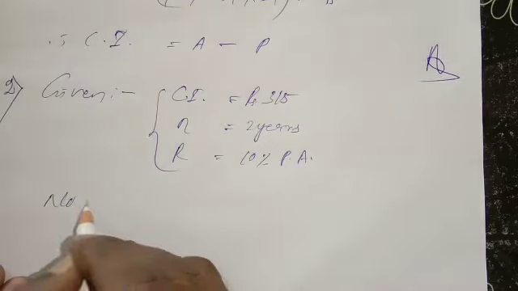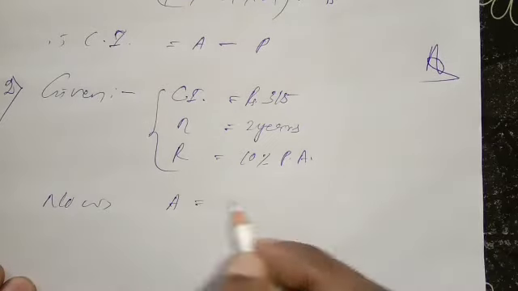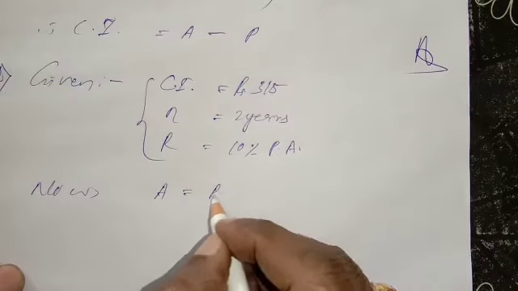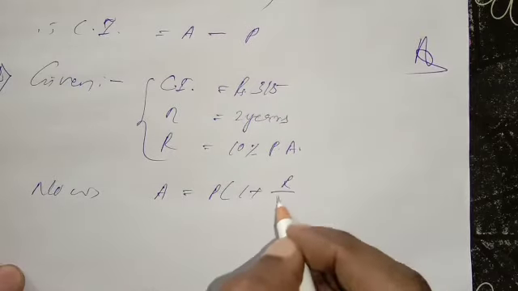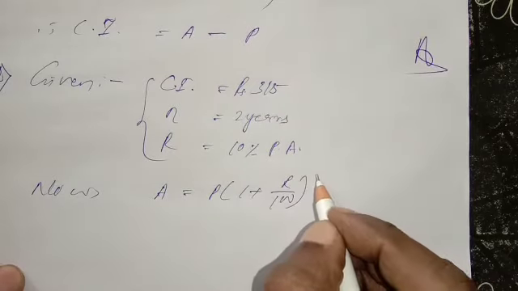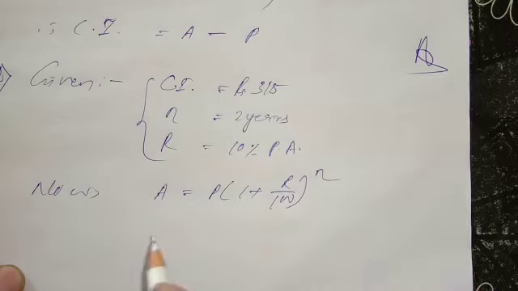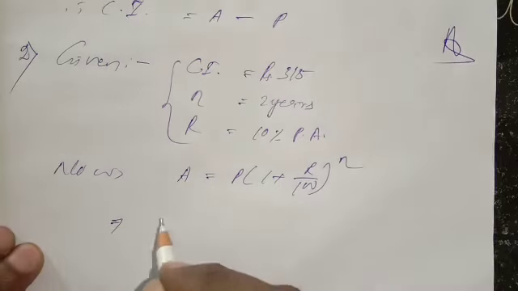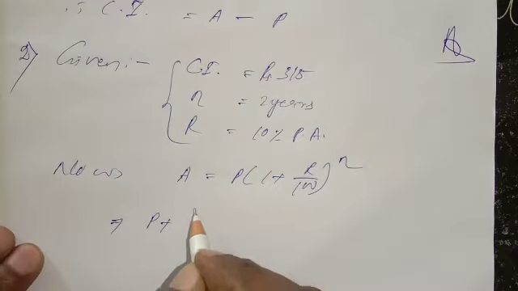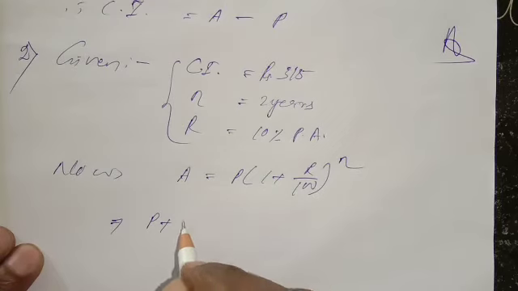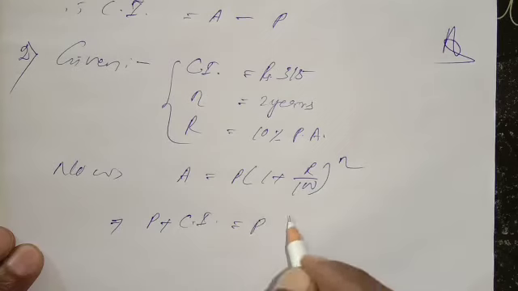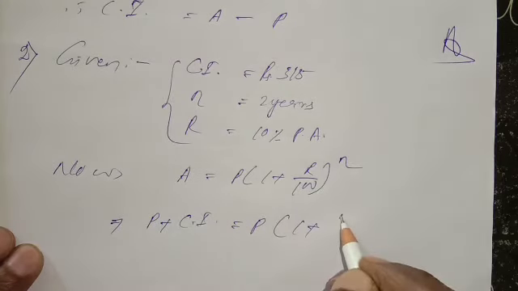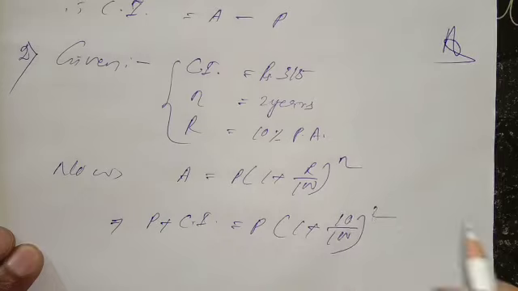Now amount is equal to P (1 plus R by 100) whole to the power n. N means here number of years. Amount means what? Principal plus compound interest. That is P (1 plus 10 by 100) whole to the power 2 years.